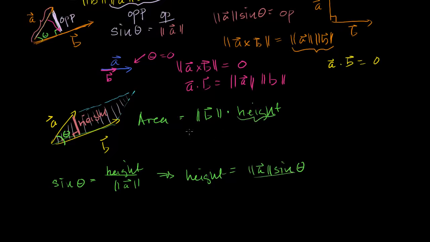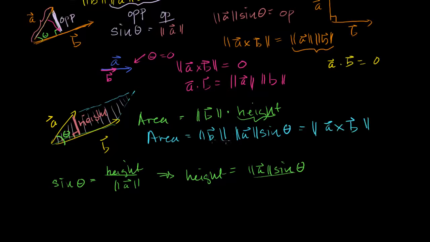And I get the area of this parallelogram is equal to the length of vector B times the length of vector A sine theta. Well, this is just the length of the cross product of the two vectors, A cross B. This is the same thing. I mean, you can rearrange the A and the B. So we now have another way of thinking about what the cross product is.